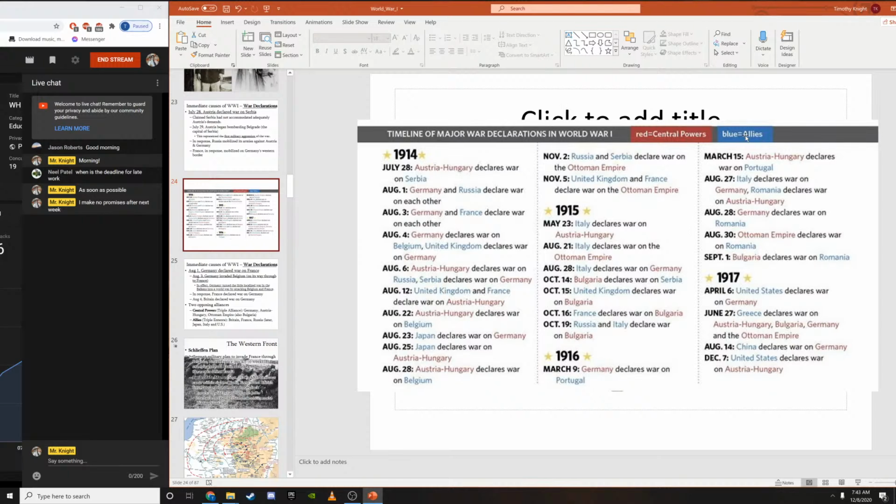Austria-Hungary starts the war by declaring war on Serbia on July 28th. Three days later, Germany and Russia declare war on each other. Two days after that, by August 3rd, Germany and France declare war on each other. The following day, Germany declares war on Belgium, and the UK declares war on Germany.